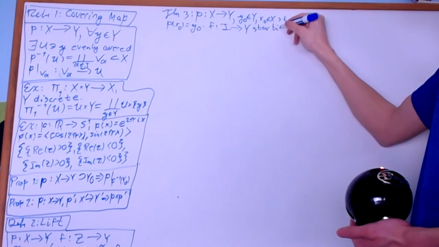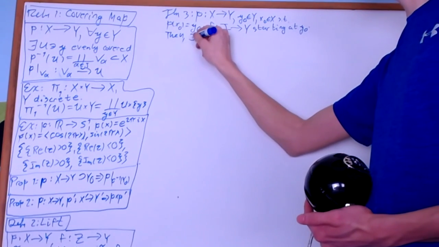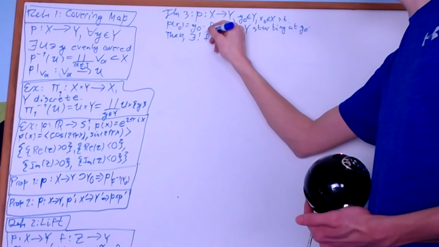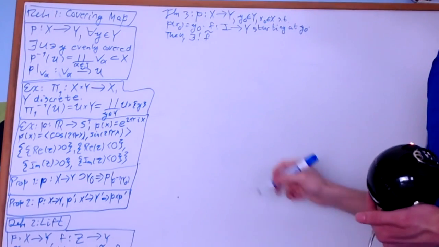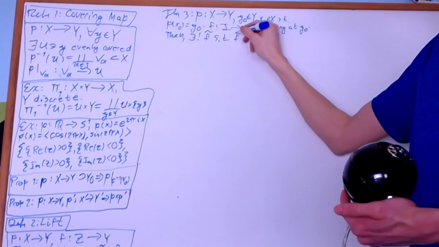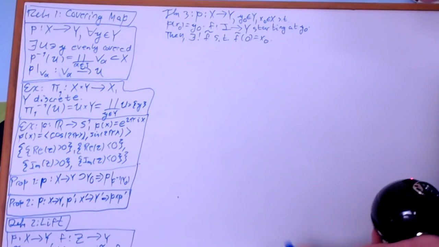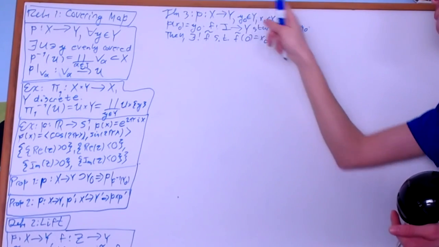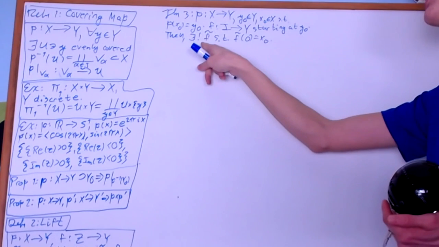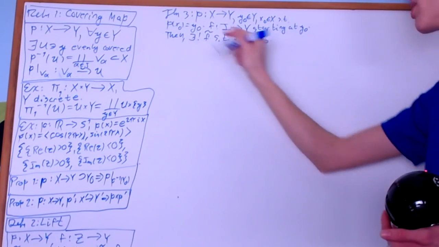And we have it starting at Y0. Then there exists a unique lift, F tilde, of F, such that F tilde of 0 is X0. So basically, given this choice of X0, you can construct this unique lift of that path that starts at X0.